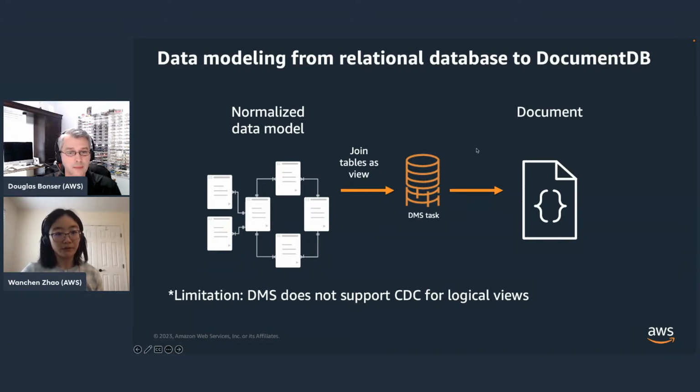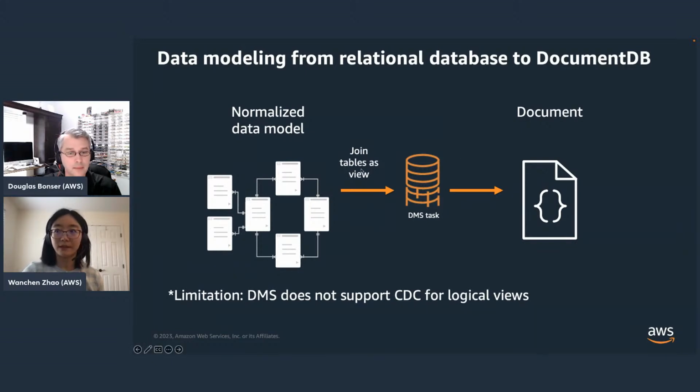So what you can do to leverage DMS for this type of migration is migrate from views, right? In the source database, definitely you have a relational structure, basically using foreign keys to link multiple tables together, right? So in the target, in our DocumentDB, it can be a denormalized data structure.